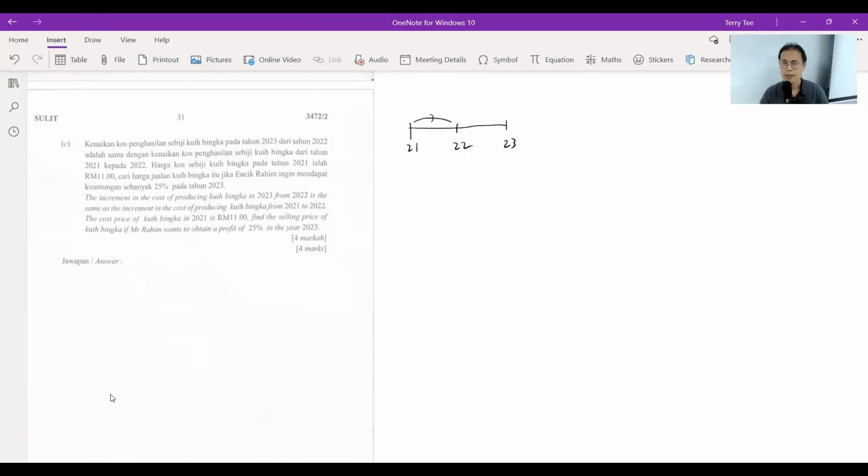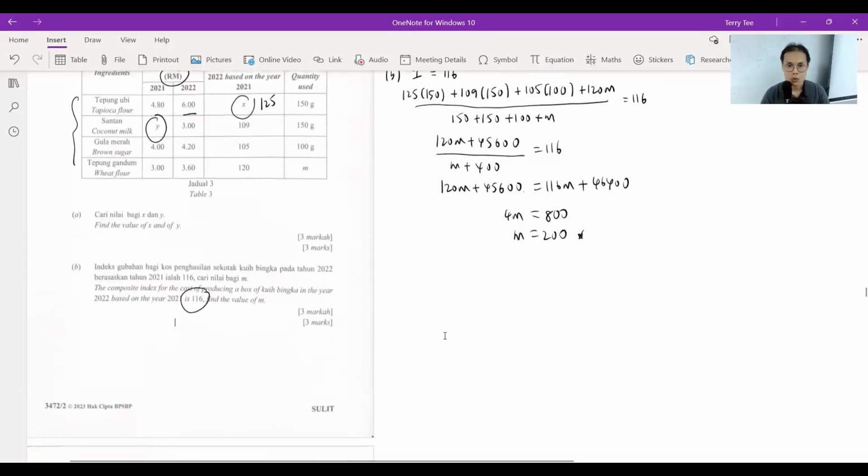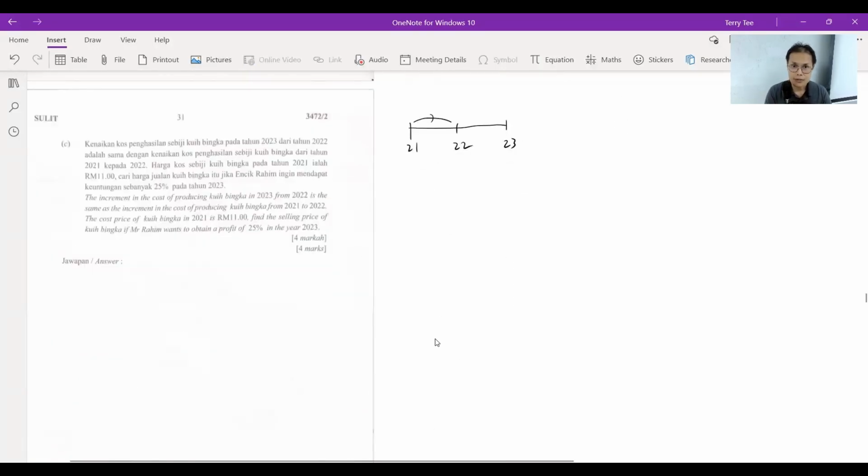The composite index or index of change is the overall increment in the baking cost, which is 116. So when you increase this from 21 to 22 by 116, and you increase at the same rate, this is also 116. So to calculate the overall increment, we can use what we call the chain rule, right? So we take 116 times 116 divided by 100.